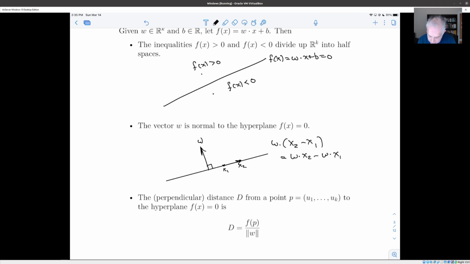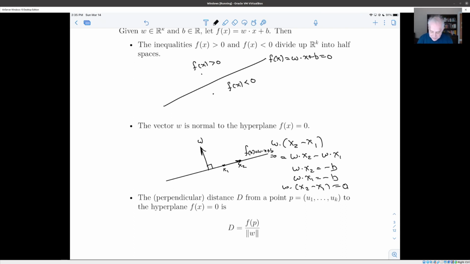But since these lie in the hyperplane where f of x, which is w dot x plus b, equals 0, we know that w dot x2 equals minus b and w dot x1 equals minus b. So w dot (x2 minus x1) is 0.